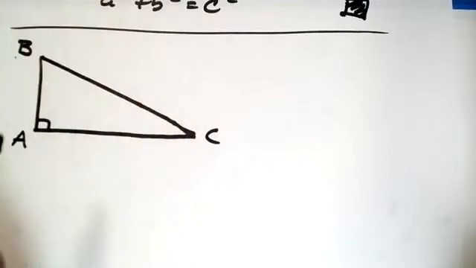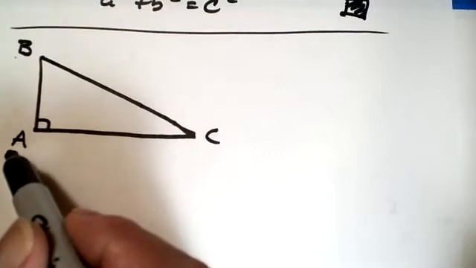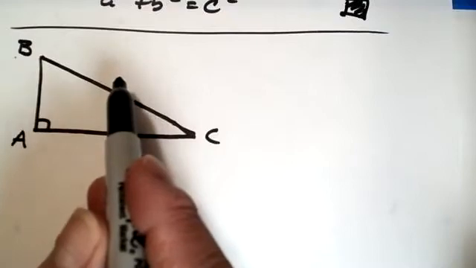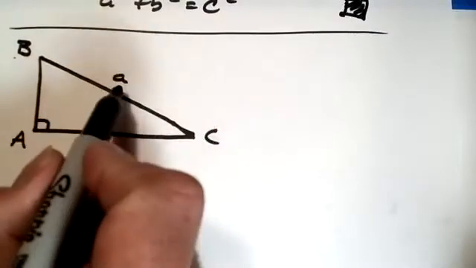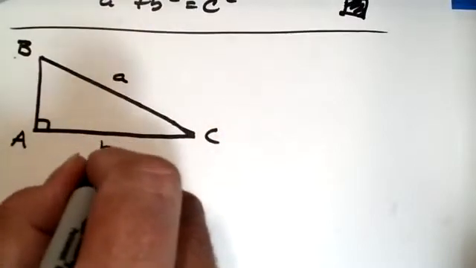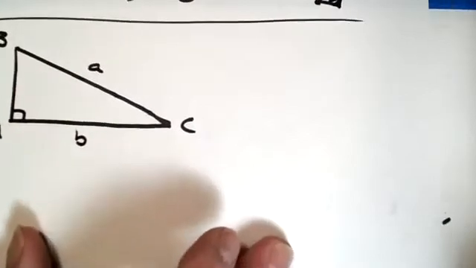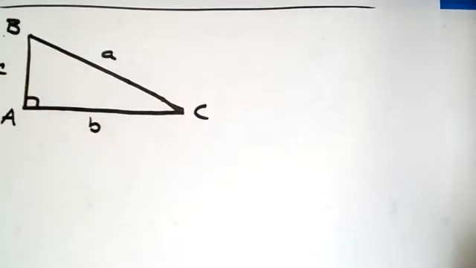It is common and almost universal to use a capital letter, and then for the opposite side, to use a lowercase letter that's identical to represent the length. So in this case, this would be lengths a, b, and c. Very standard stuff. I wanted you to see it, and just remember that it doesn't have to be a right triangle, it can be any triangle.